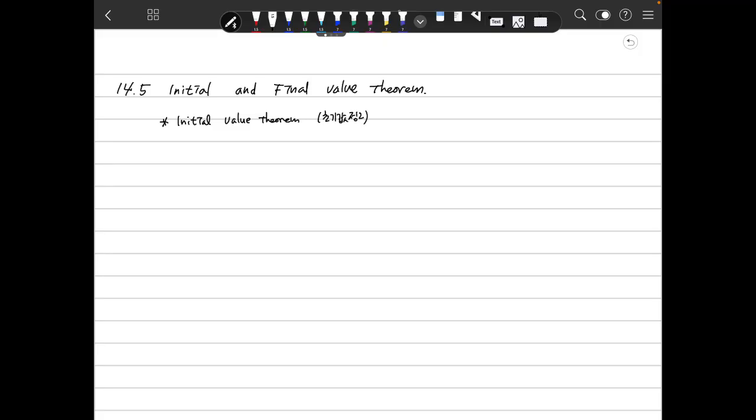That means that f(0 plus) is the limit as t goes to 0 plus of f(t), and that value will be the same as the limit as s goes to infinity of sF(s).